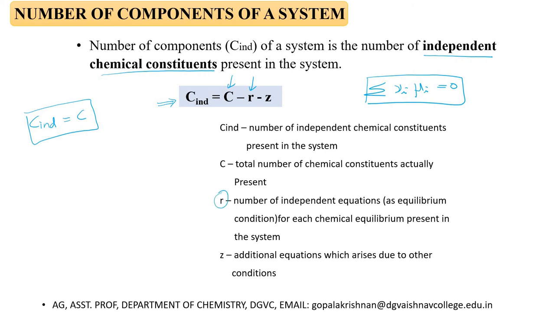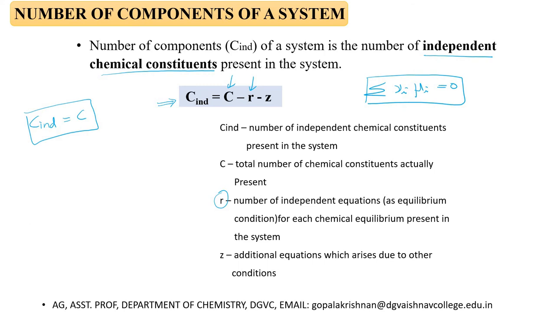So if we have R number of equations, then we have to subtract this R from the total constituents present in the system, because we need to find the independent constituents, which is called the number of components.